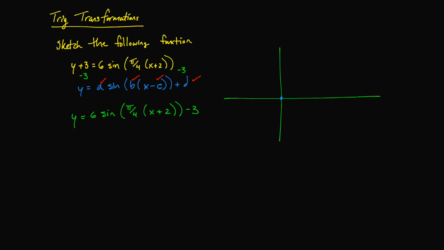So I might draw it here on the side to say this is my parent function. Well, I know that the amplitude 6 is going to make it jump up higher, just a graph stretched vertically.